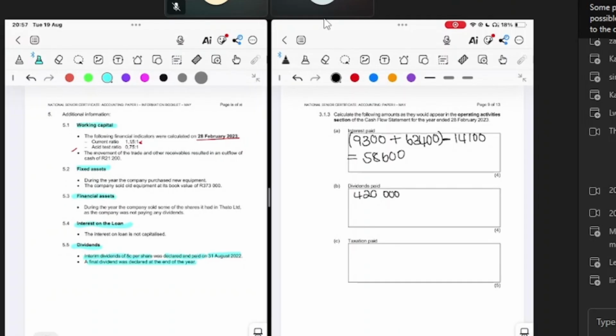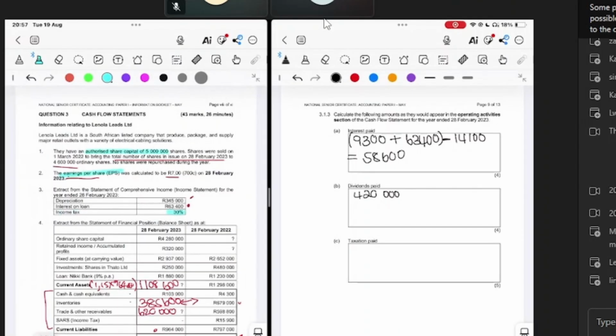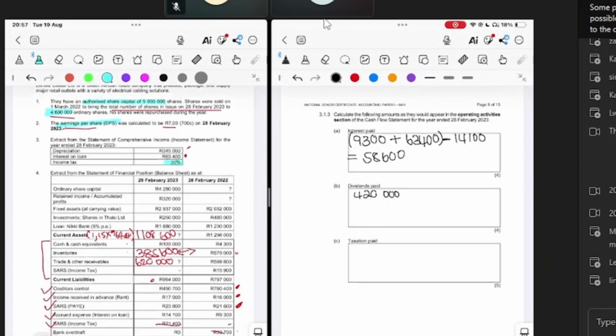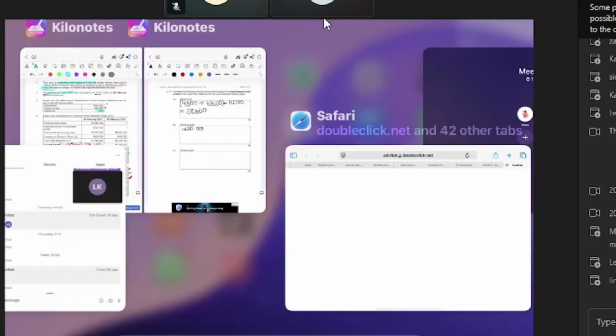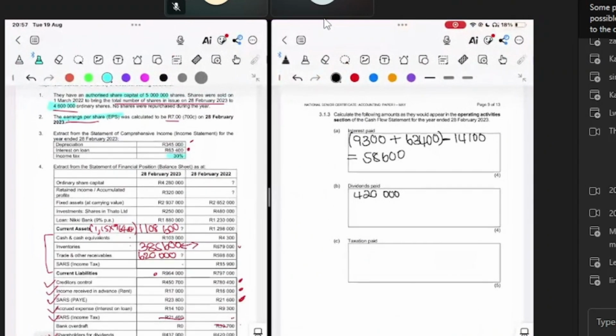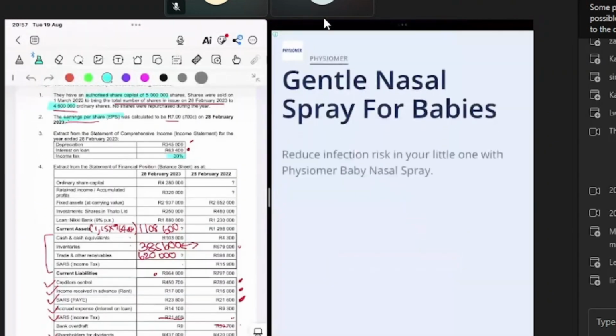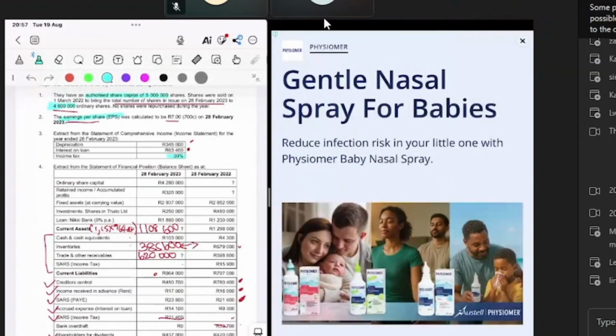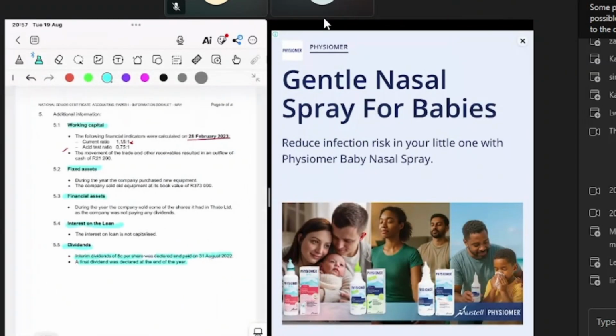Let's see here. And they're telling us this is how many shares were in issue and dividends.